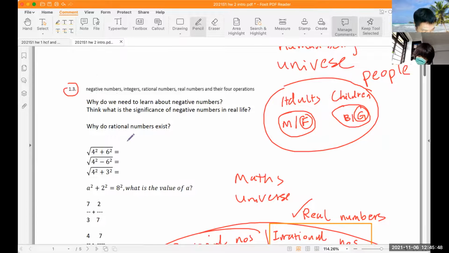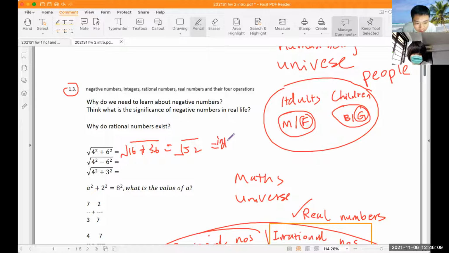For this question, you will get 16 plus 36, which is square root 52. Do you want to use your calculator and calculate? In the end you will get an indefinite answer. It works, but it will not give you a definite answer. Let me show you.